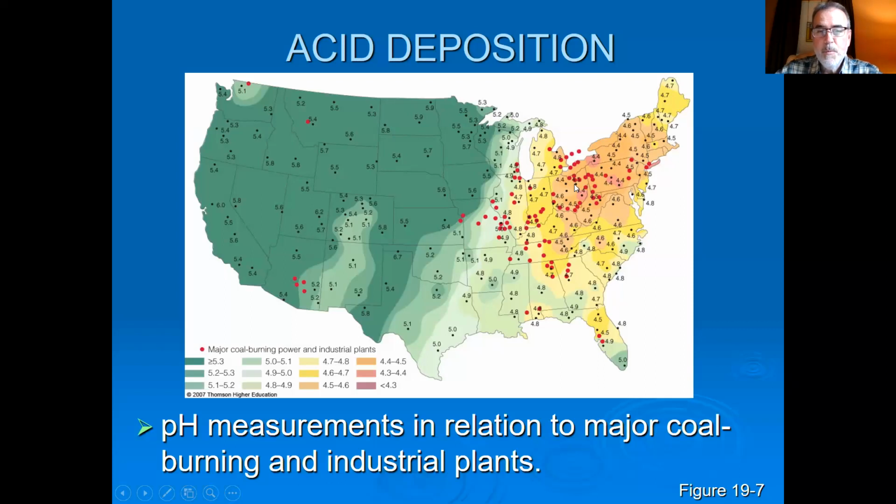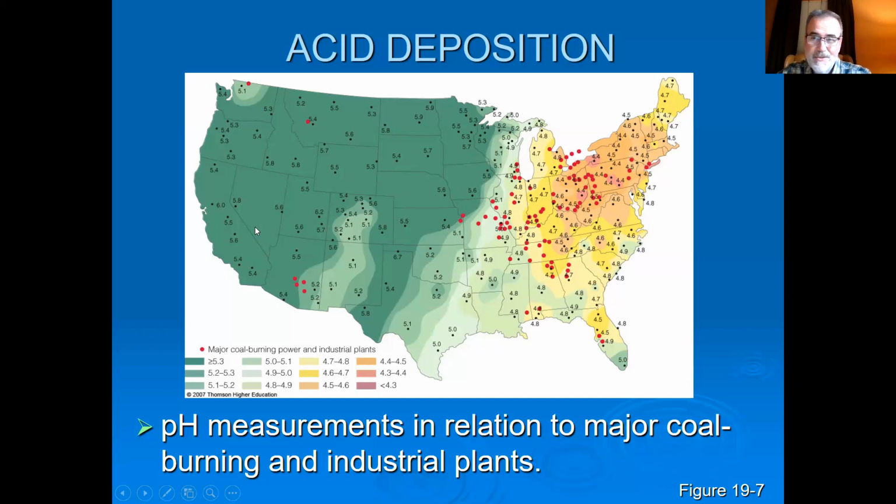Okay, we can see that around these areas, the pH is much lower. Also notice this, it isn't a perfect circle around these coal burning power plants, right? Industrial plants. In other words, what's going on?